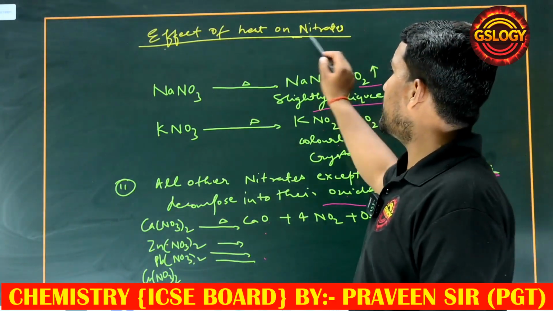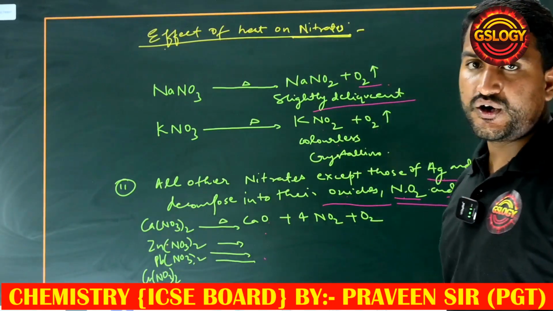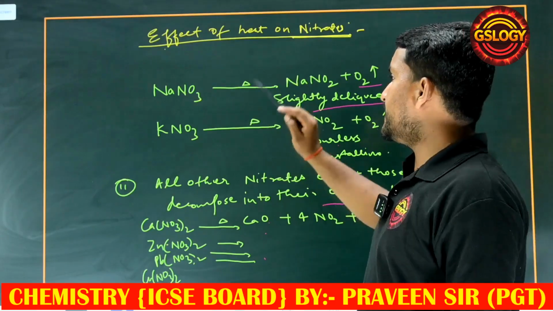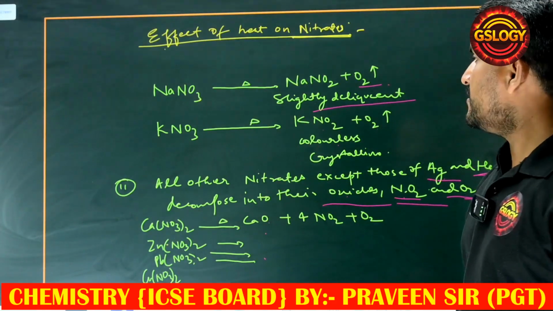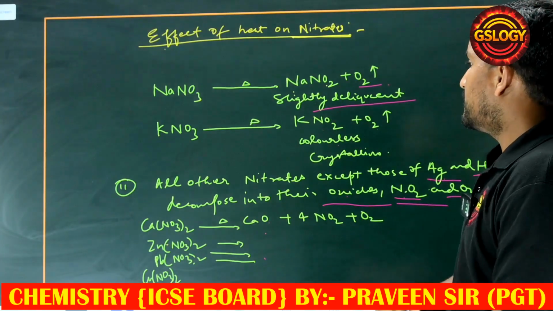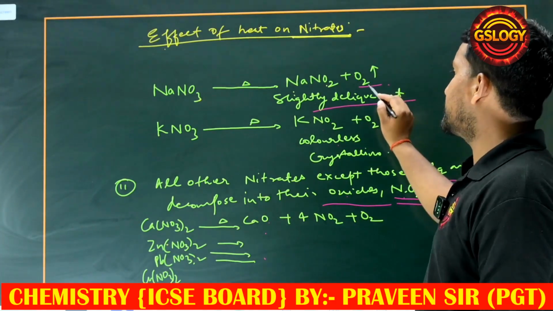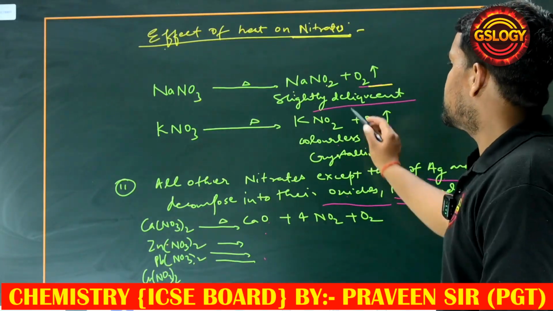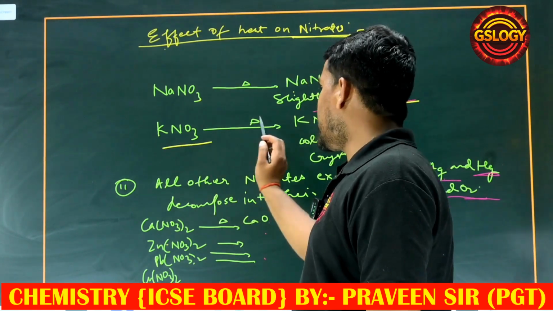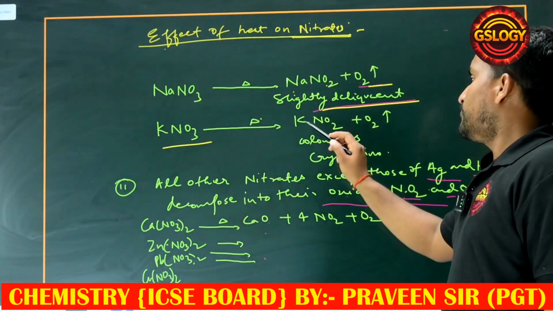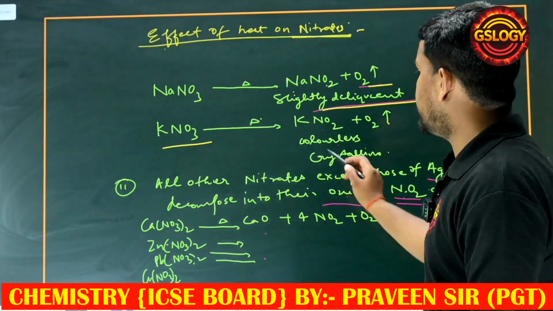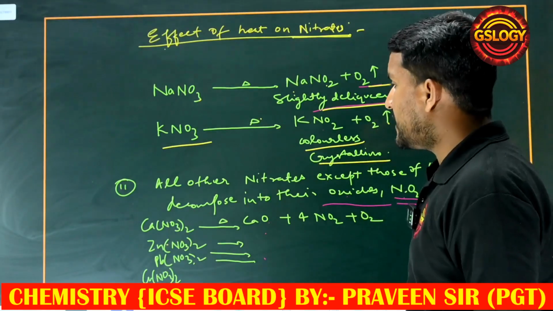Effect of heat on nitrates. Sodium nitrate on heating gives sodium nitrite plus oxygen; it is slightly deliquescent. Similarly, potassium nitrate on heating gives potassium nitrite and oxygen; it is a colorless crystalline solid.